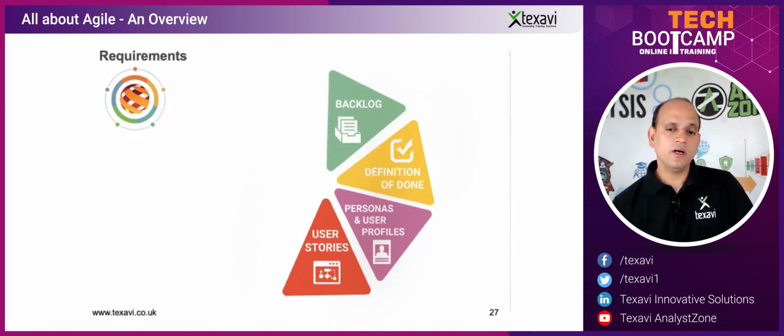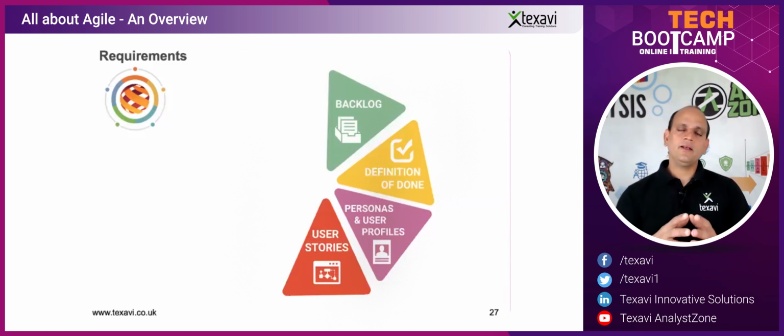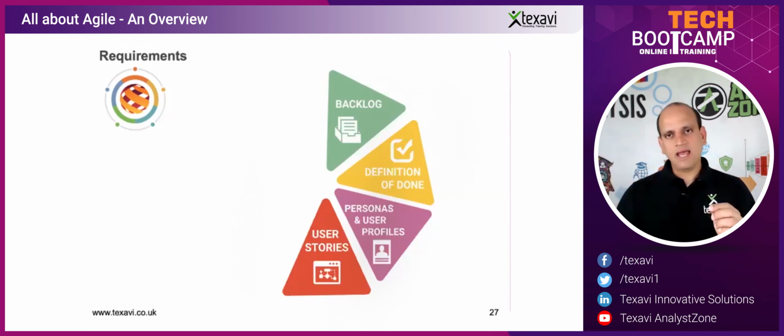And user stories are a fantastic tool to define the requirements itself. We discussed yesterday that the way you write the requirement is from the perspective of the user. As a customer, I would like to select an item and click on add so that I can add that to the cart. That's how a user story is written.